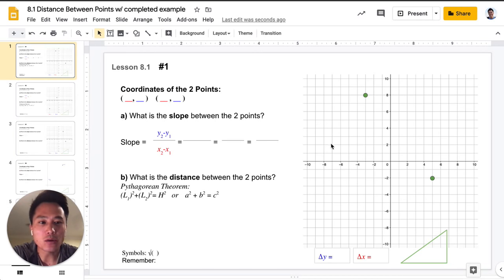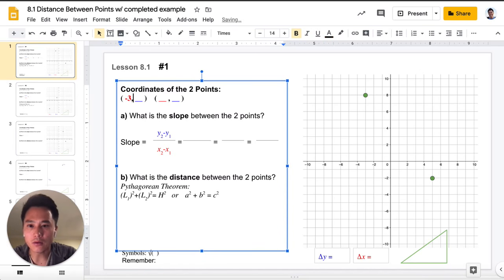In this slide you'll see on the right that we have a graph, and there are 2 points on the graph, these 2 points in green. The first thing that we can do is list the x and y coordinates of those 2 points. So let's look at the point on the left right here. The x value of this point, checking the x-axis, is -3, and the y value of the point is +8, so I'll fill that in here.